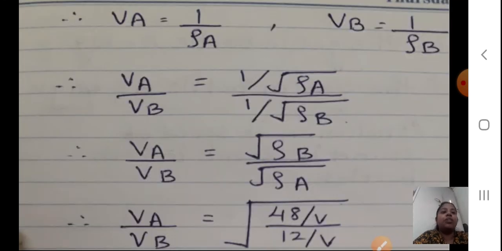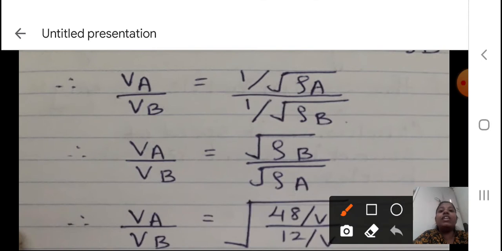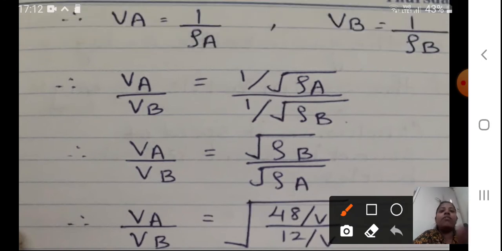Now therefore, VA for bottle A is equal to 1 upon root rho A, and VB is equal to 1 upon root rho B. Now if I do VA upon VB, what will it become?